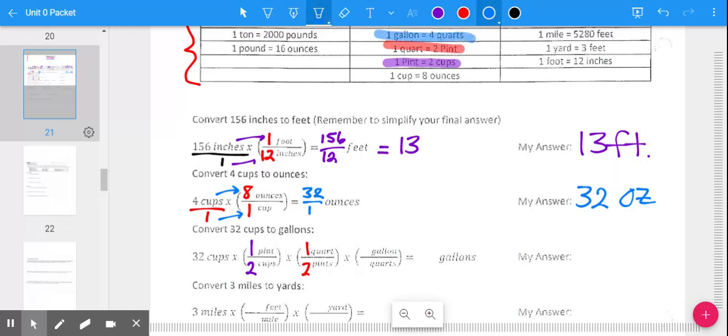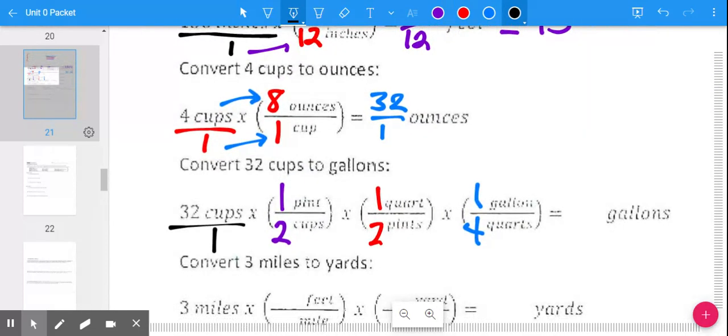The next one compares gallons to quarts. So 1 gallon is 4 quarts. And remember, every whole number is on top of 1. So when we multiply straight across the top, 32 times 1 times 1 times 1, we end up with 32.